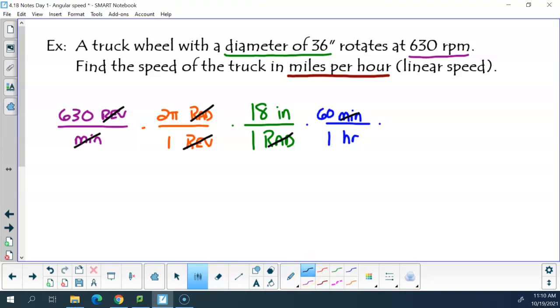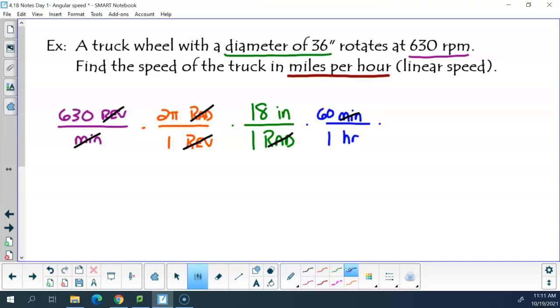Now I'm in inches per hour. I need to be in miles per hour. So inches to miles. Anybody know the straight up conversion, inches to miles? Good, neither do I. Okay, so we've got to go piece by piece then. What's the next biggest unit above an inch? A foot.